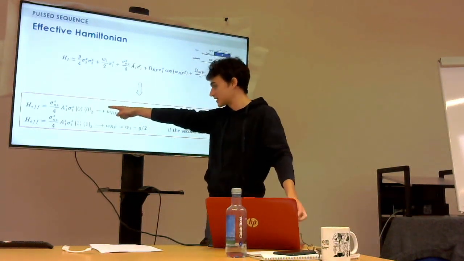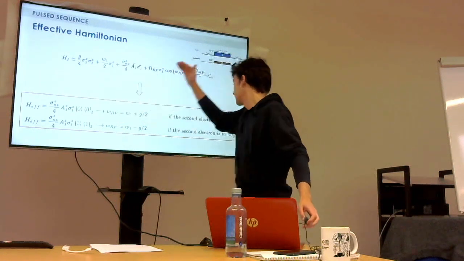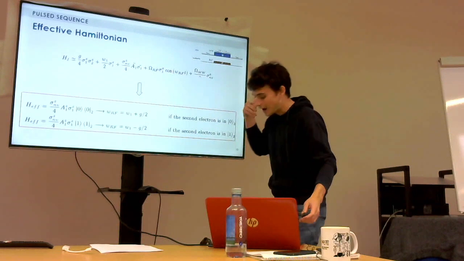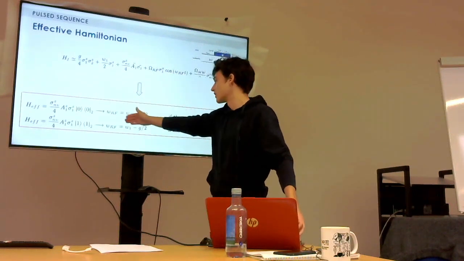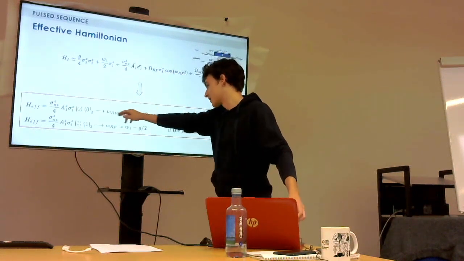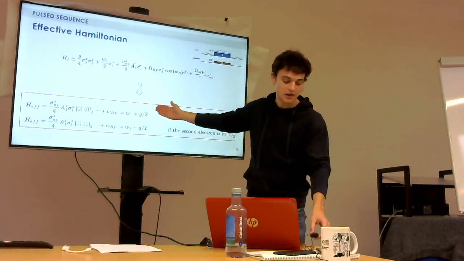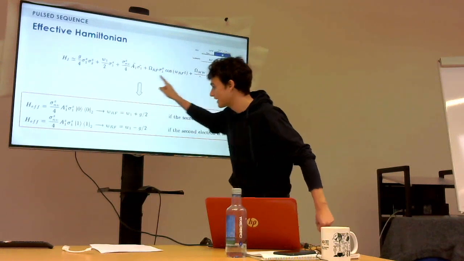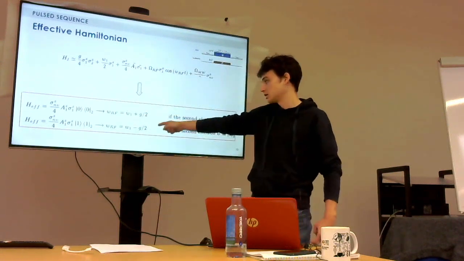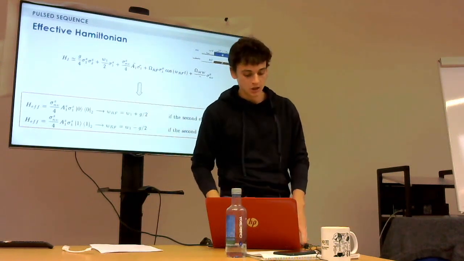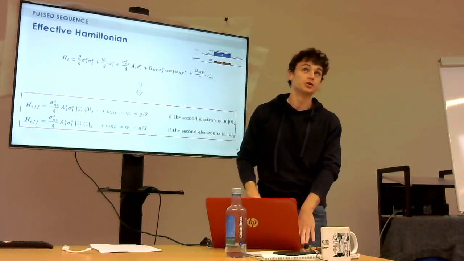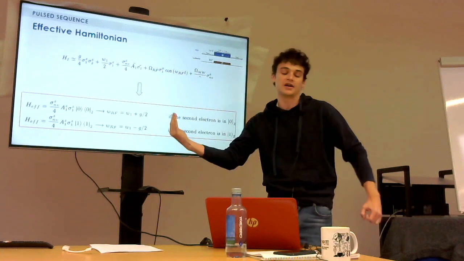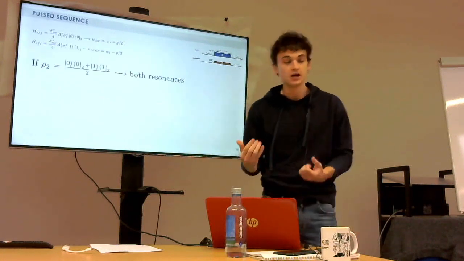So the first effective Hamiltonian will be true if the state of the second electron is this one, 0, and if we set our frequency to be this value right here, while the second effective Hamiltonian will be true if this condition for the second electron is true and if this value for the frequency is also true. Okay, so what now? Well, usually electrons are not in state 1 or state 0, but normally they are in a thermal state.